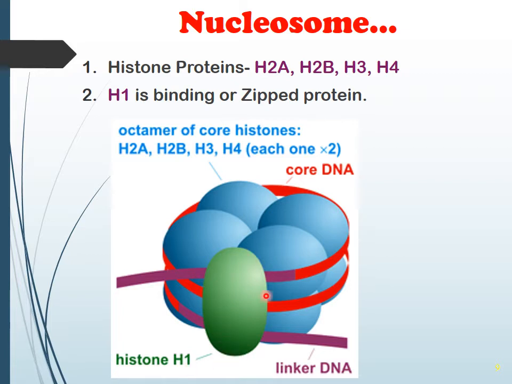It will zip this complex, and then we call this entire complex a nucleosome. Correct? But for nucleosome, you should not forget the names of these histone proteins plus the number, that is, octa stands for 8.